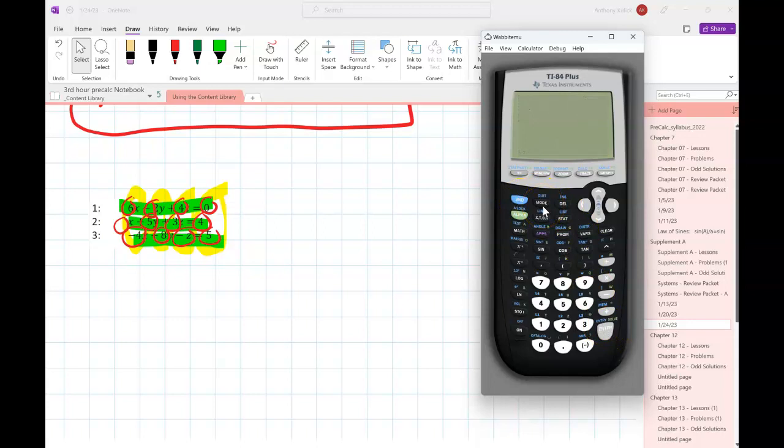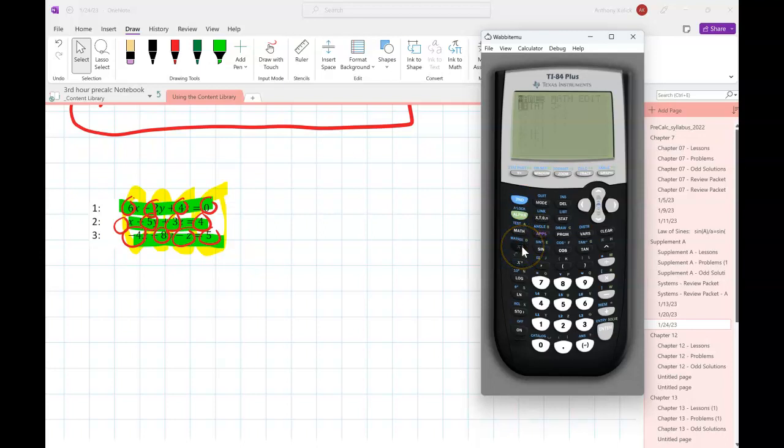Okay, and once you've got that stuff entered in your matrix, press second, the blue button, and then the mode button right next to it to exit back out to the main screen. Everybody get their stuff typed in their matrix? Okay. The next thing I want is I'm going to go back to the matrix menu.